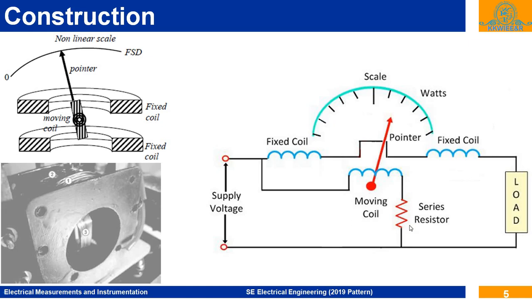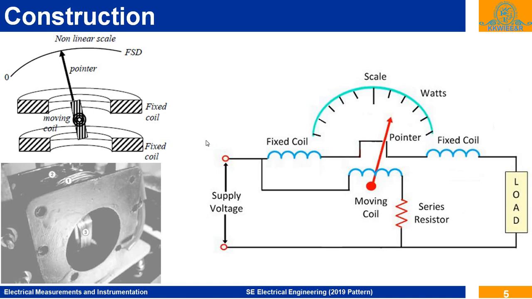One resistance is connected in series with this moving coil. For measurement of voltage, the resistance should be high so that only a small amount of current flows through this moving coil. And this moving coil is connected across the supply terminal or across the load.